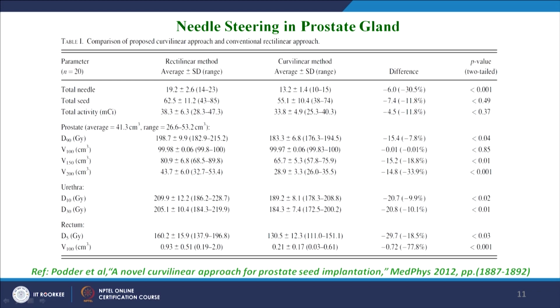So, this work has been compared across several patients, and they have shown that the conventional rectilinear approach has more dose exposure to the organs, the target organ prostate, the urethra and the rectum.